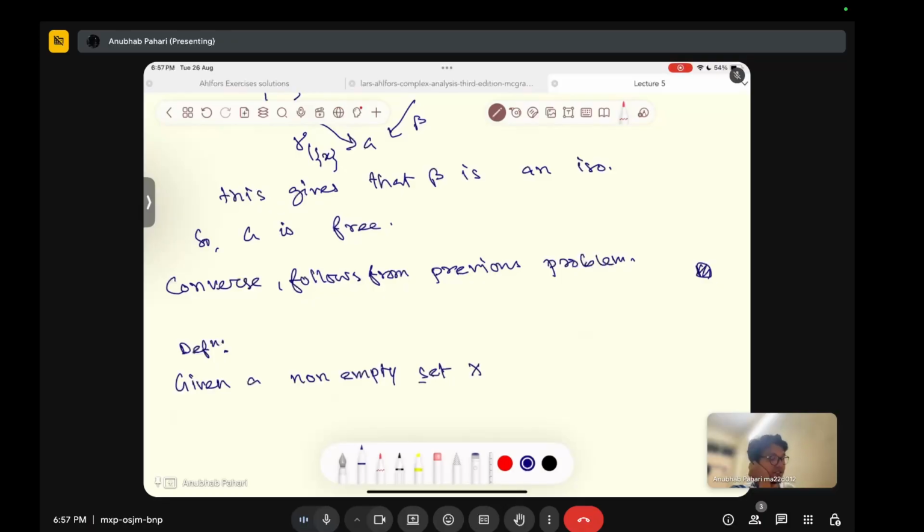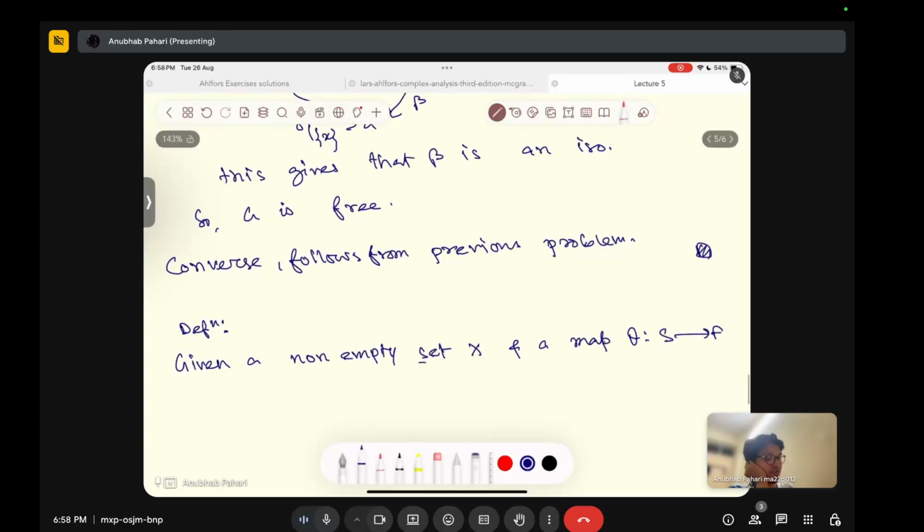So that way it will be more clear why G is your free group.